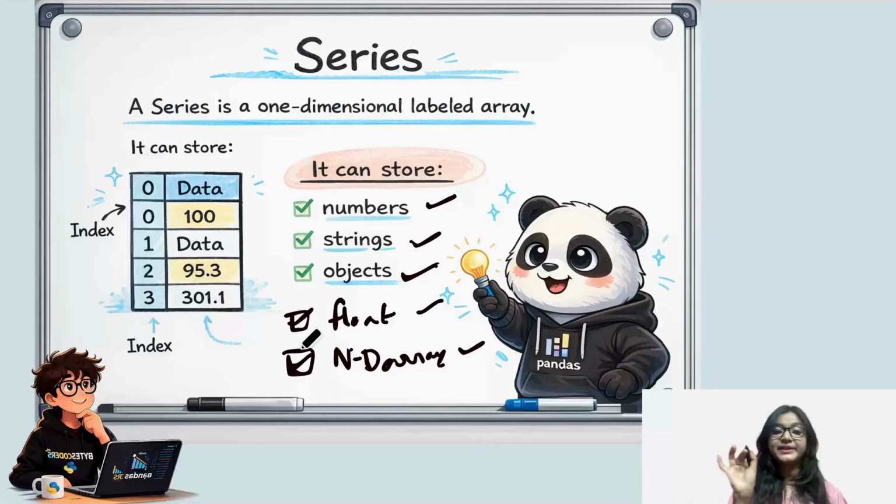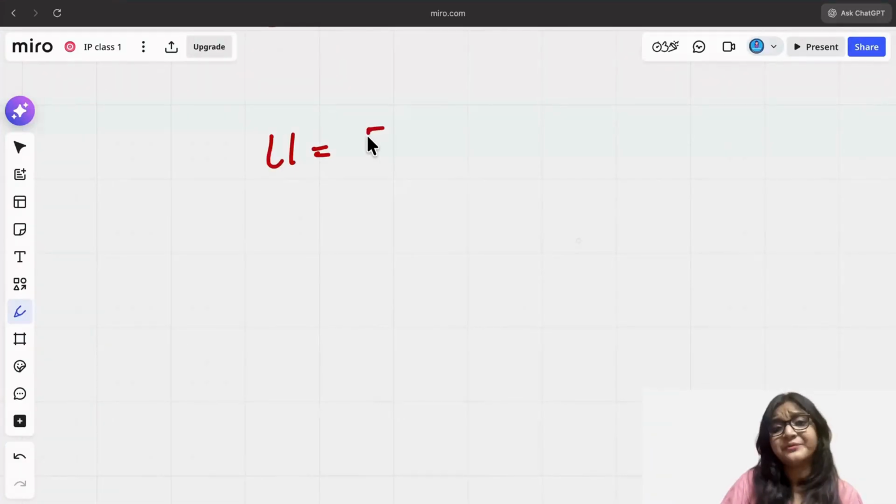Now this is how a series actually stores data. On the left hand side what you can see is 0, 1, 2, 3. These are the indexes, the index of the value, similar to what you have learned in our list. Let me come here. For a list, I hope everyone knows how to create a list, so 20, 30, 40, 50.